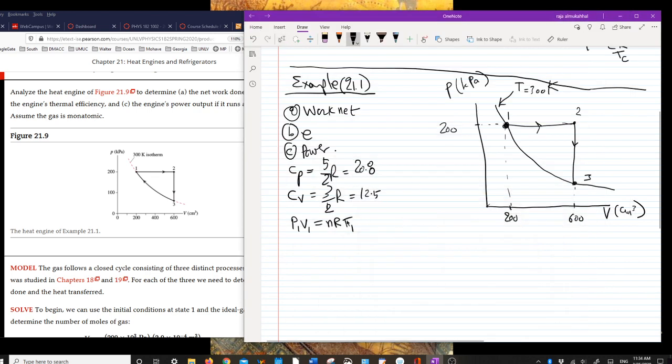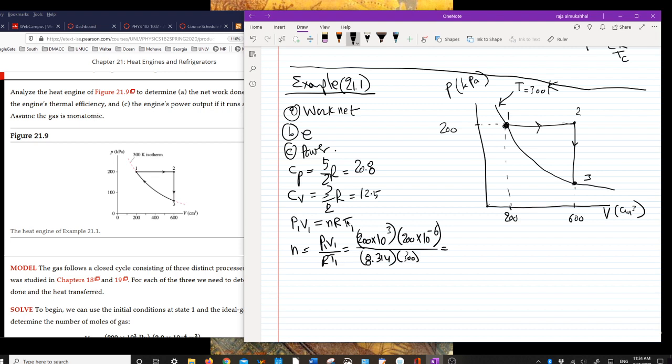So the number of moles, n, is equal to P1 V1 over R T1. We're at point 1 here. So that's 200 times 10 to the third times V1, which is 200 times 10 to the negative 6, divided by R, which is 8.314, times the temperature of the isotherm, 300.